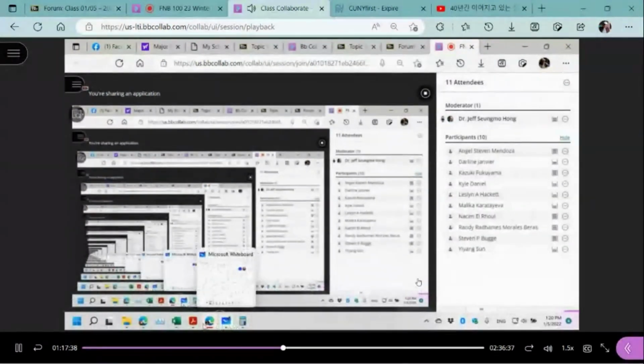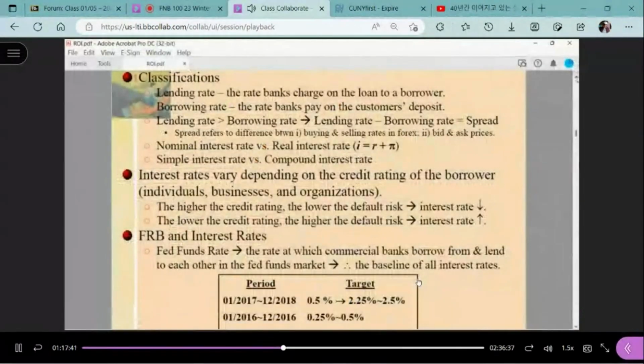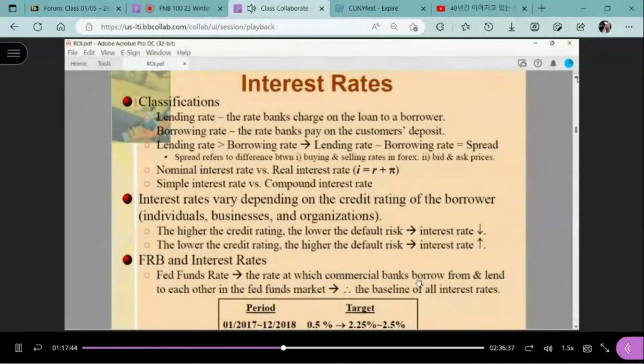Now, when we say interest rate, it sounds very simple, but actually there are many ways we can classify or look at the interest rate. One way we look at it is whether we are lender or borrower, right? If we are lending to the bank, I told you, the bank passively becomes a borrower.